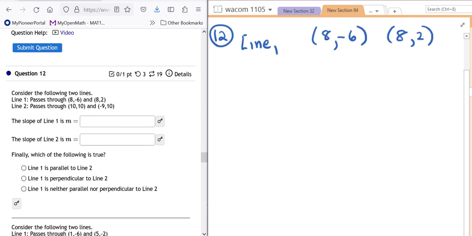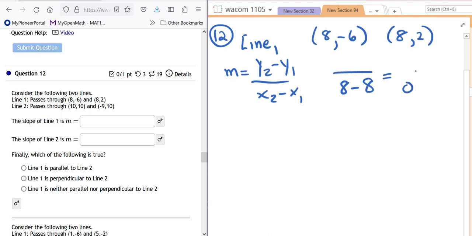On this one, the X's are the same. X's are in the denominator. When you get 8 minus 8 in the denominator, you get a 0, so you can stop there and you don't even have to plug the rest of this in.